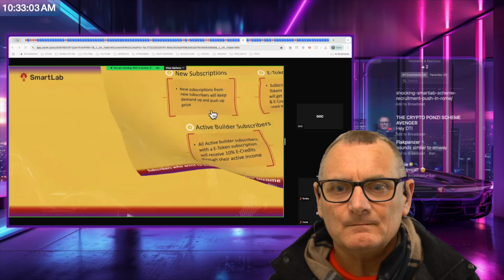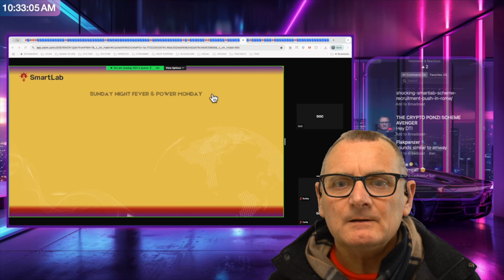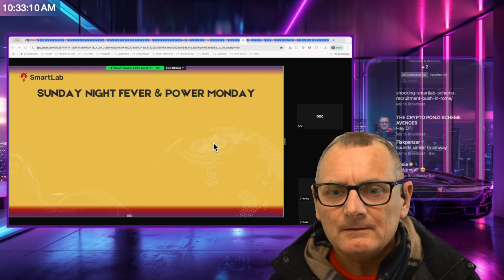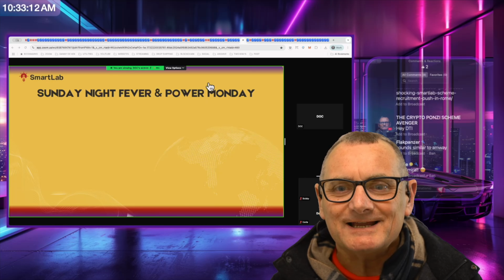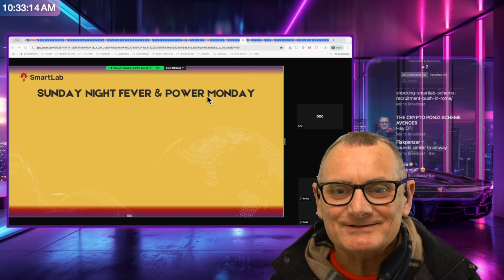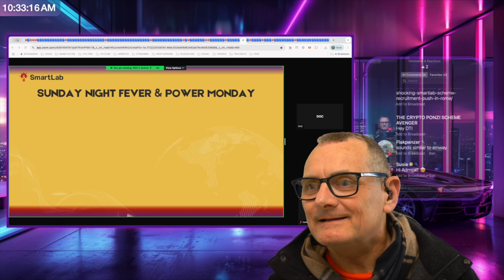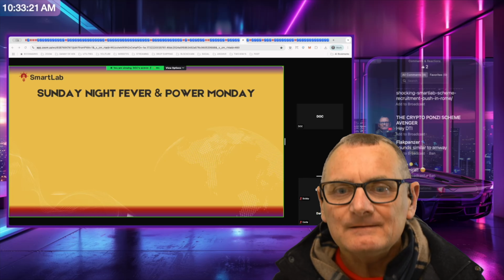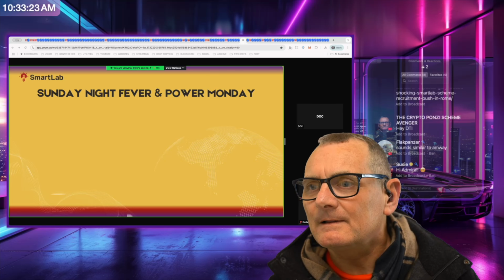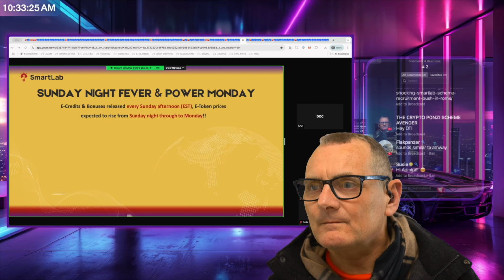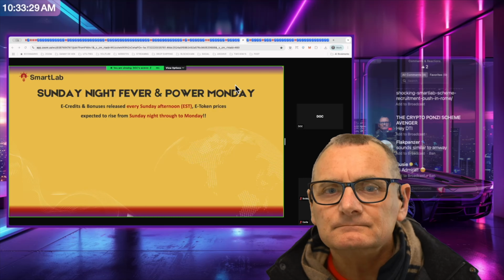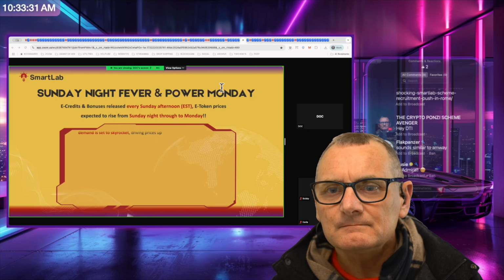Okay, so we have what we call Saturday Night Fever and Power Monday. What happens on Saturday Night Fever and Power Monday? Let's have a look. SmartLab processes all of their business on Sunday afternoon, and then subscribers can go in on Sunday evening and take those e-credits and roll them back into e-tokens.